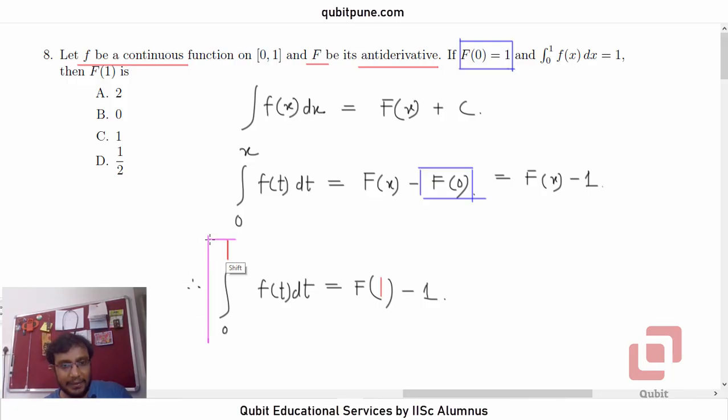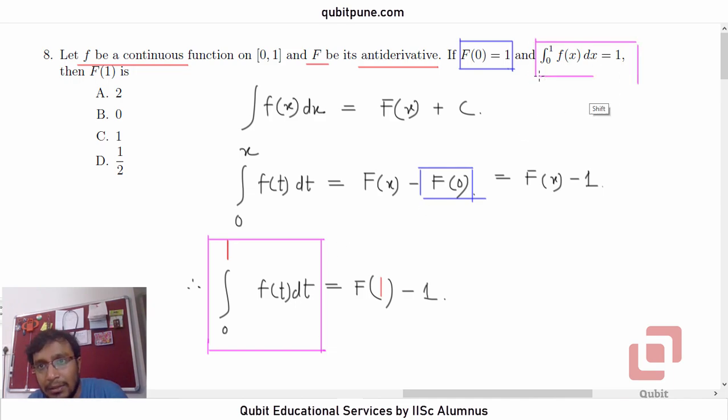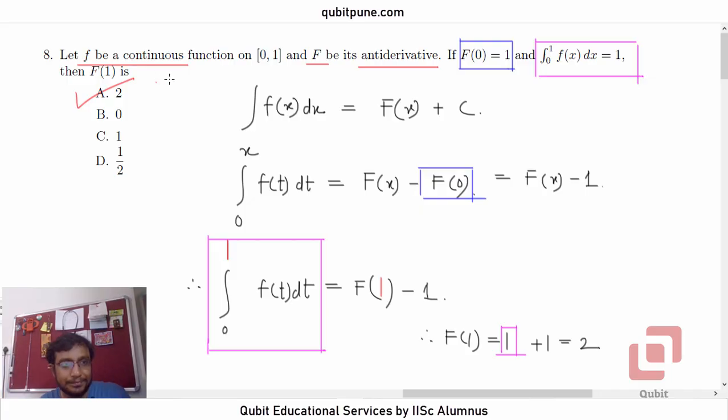But what is this integral here? The variable in the definite integral is a dummy variable, so this value will match the given value. So clearly F of 1 will be equal to 1, that is the value of the definite integral of the function, minus 1. It goes to this side, it becomes plus 1, so that would be 2. So F of 1 is 2, option A.